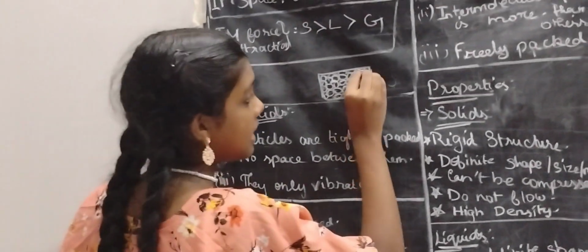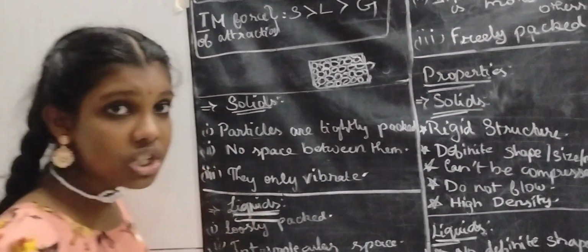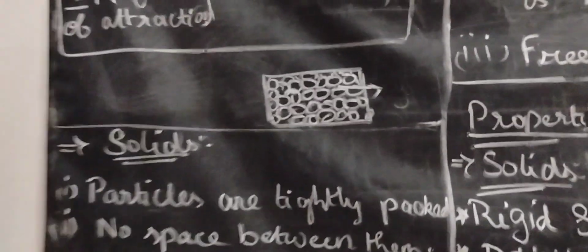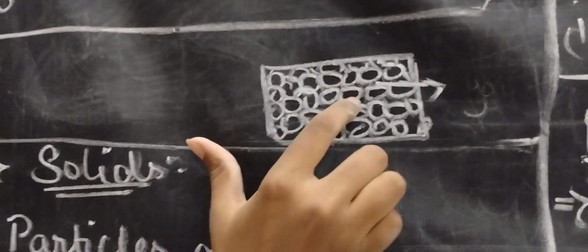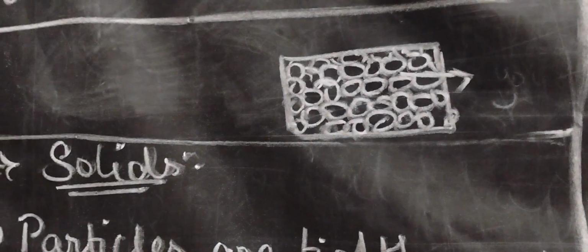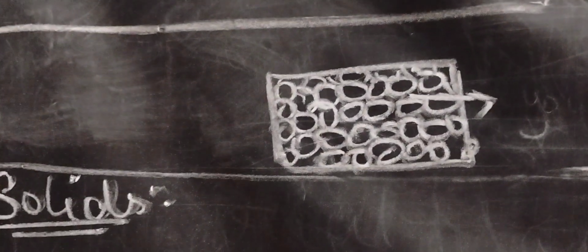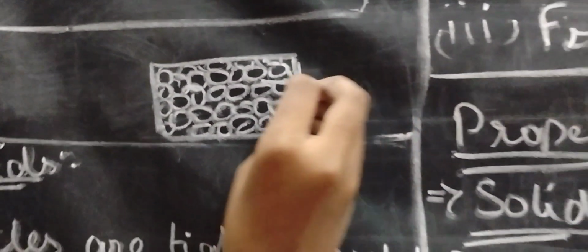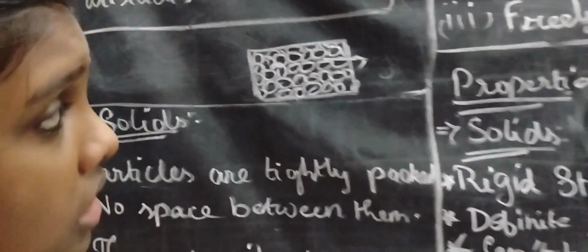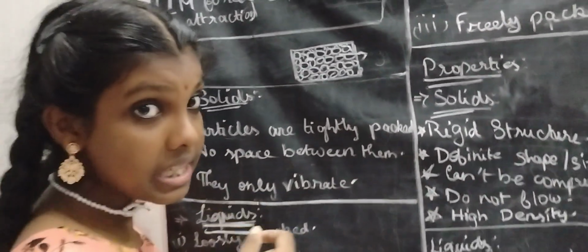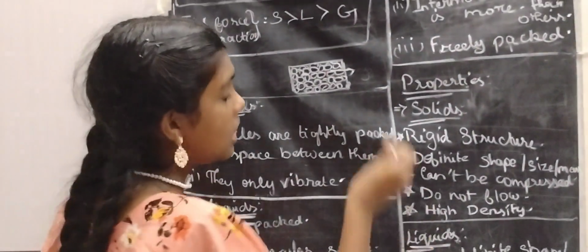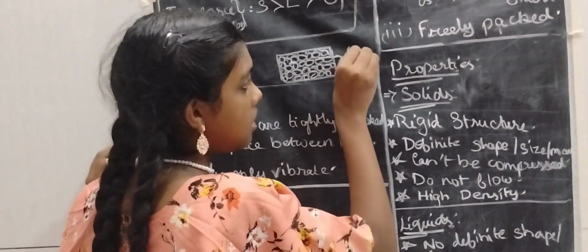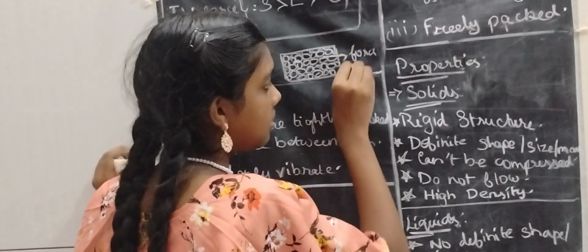So if you see, the force of attraction is more. Both molecules attract more. That is why, if you see here, they also don't attract objects easily. That also is a matter. So this is nothing but the force of attraction.